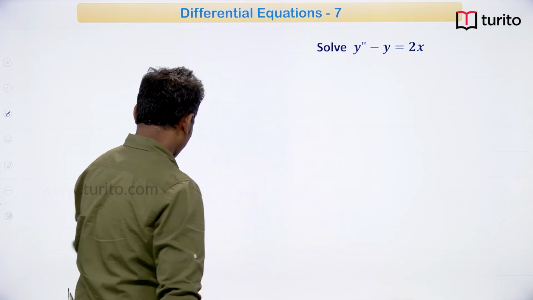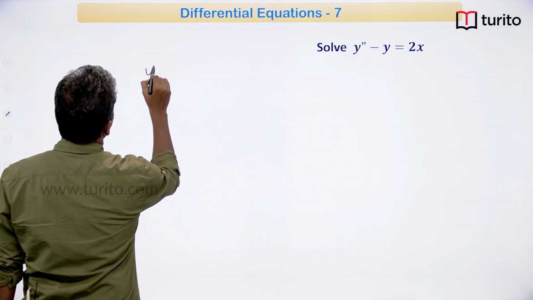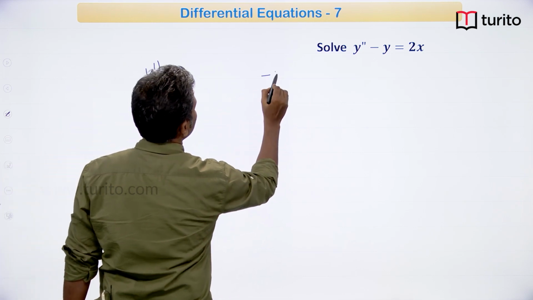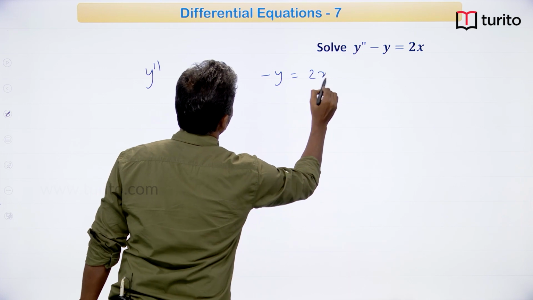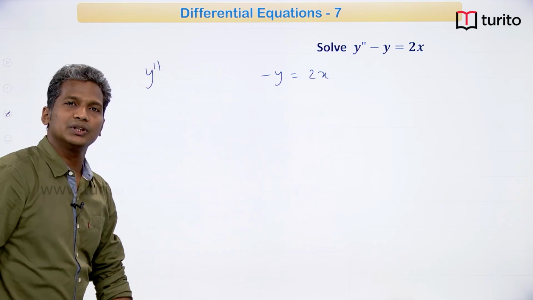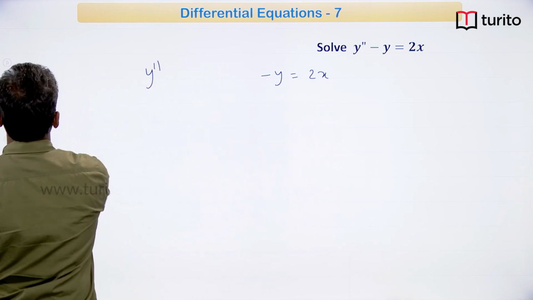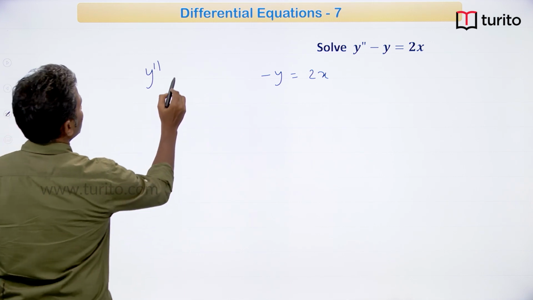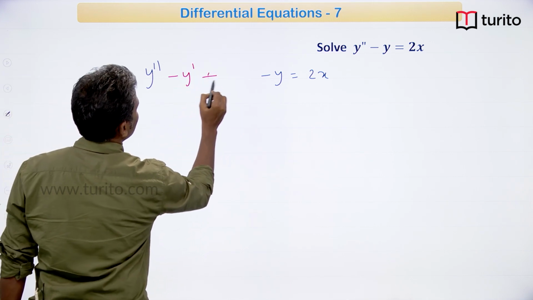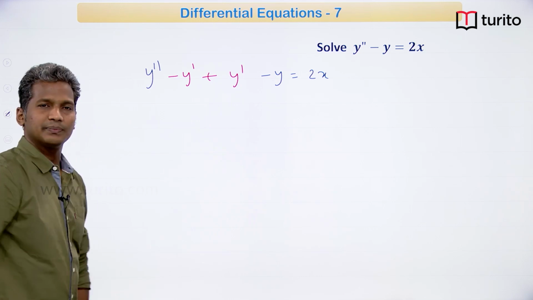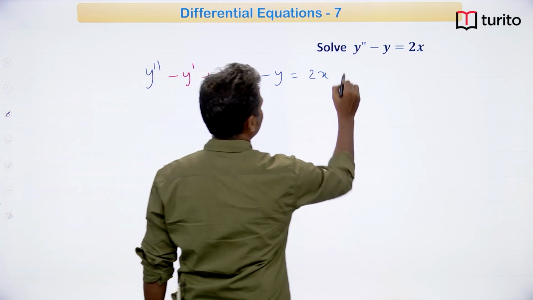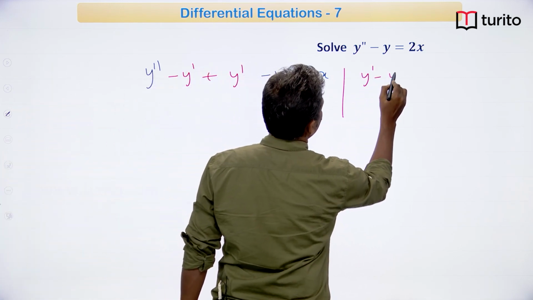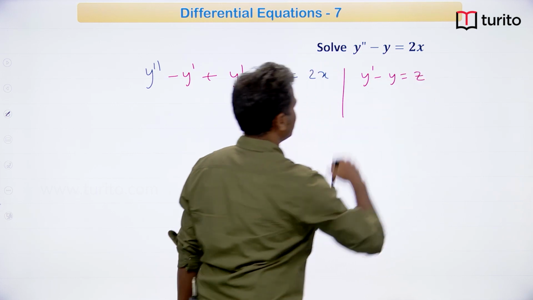Use this idea. In future also, if you get questions of this kind, remember this idea. What we do here is we subtract y dash and add y dash and put y dash minus y equal to z.